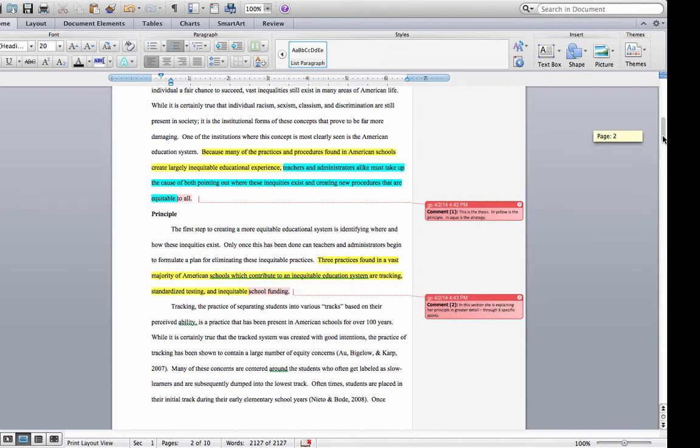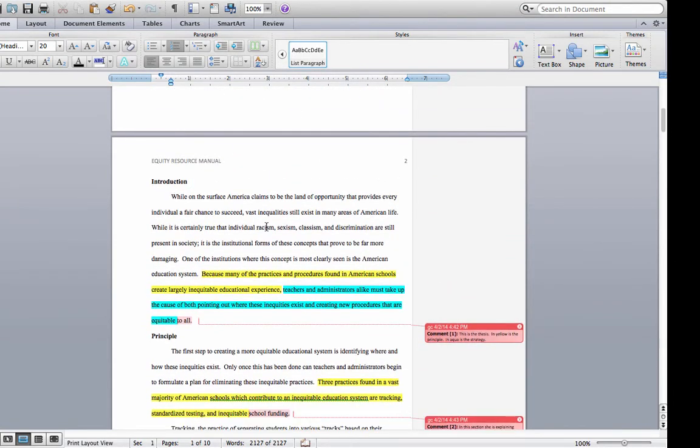So as you see, here's the introduction section, and here is the one sentence thesis that this person had, and it contains both a principle and a strategy, and that's what I want for your thesis.